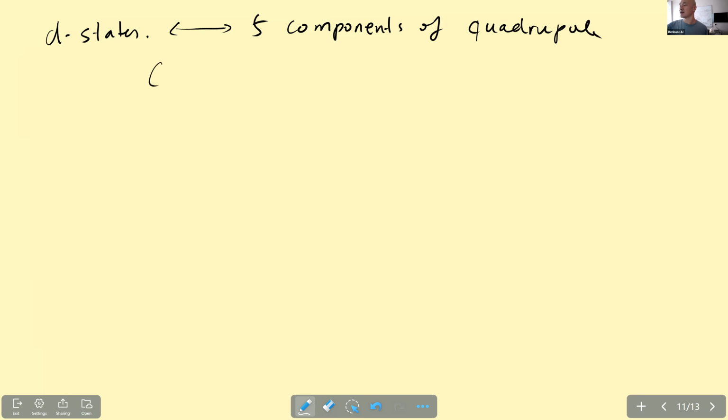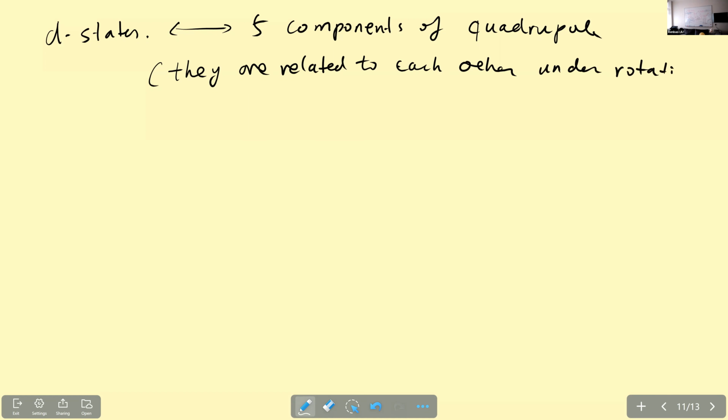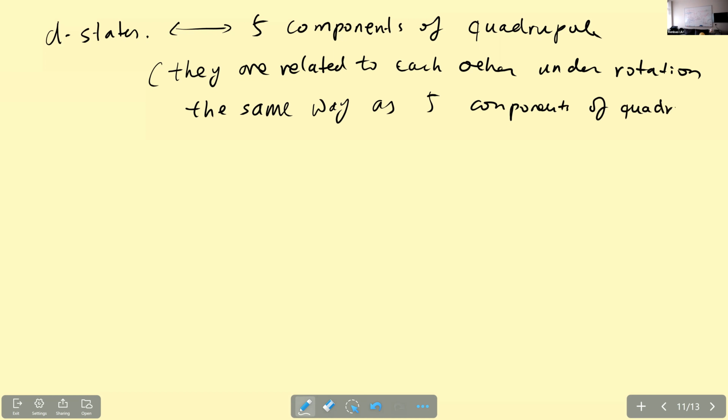Basically, we are saying that they are related to each other by rotation, the same way as the 5 components of a quadrupole are, okay?